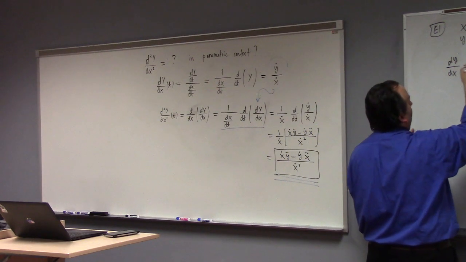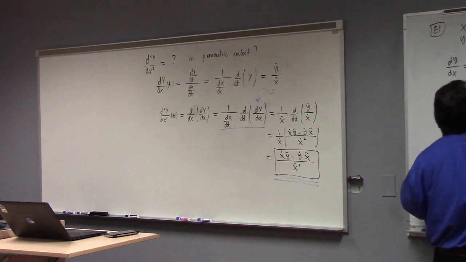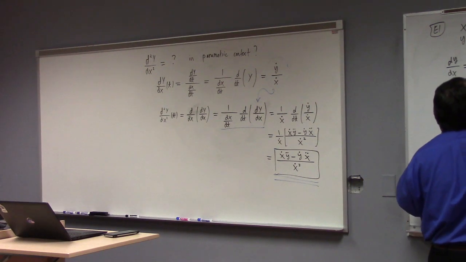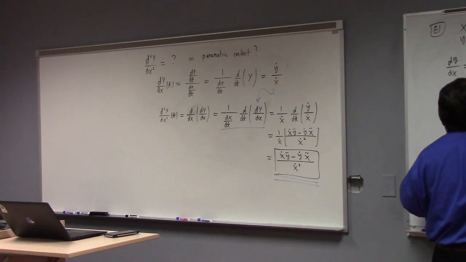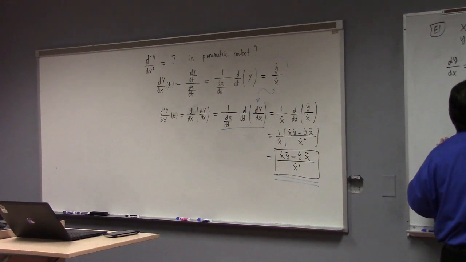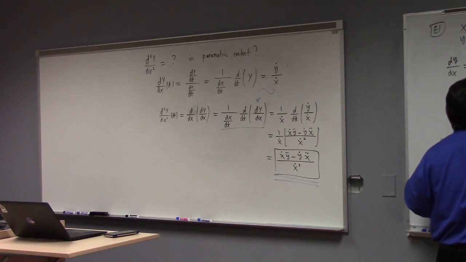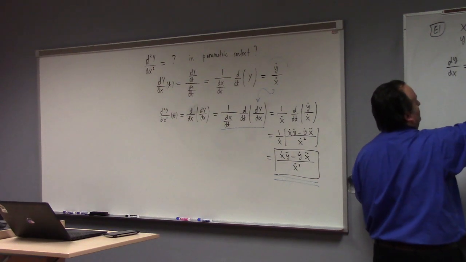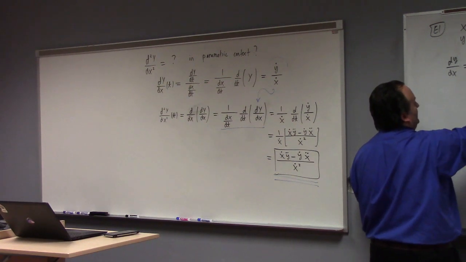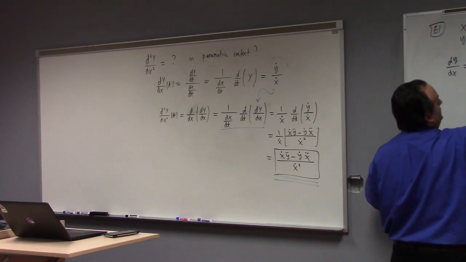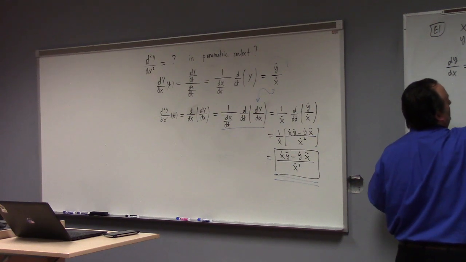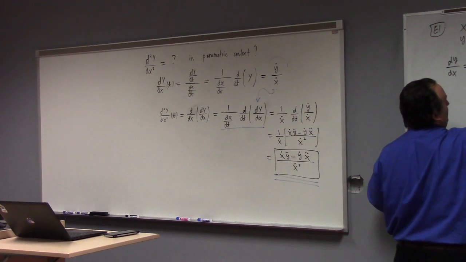What do I get? So this makes x dot what? Y dot what? Sinh, cosh. So we've got y dot over x dot, which in this case is cosh t over sinh t.